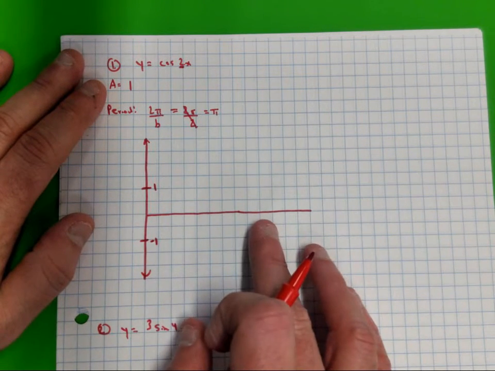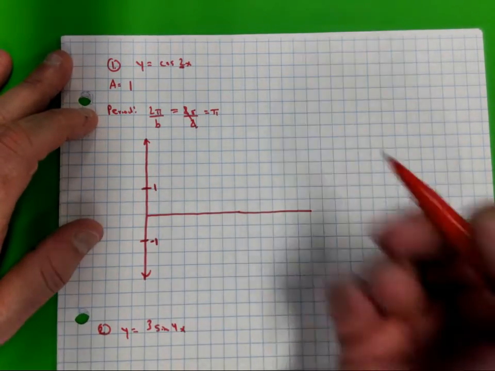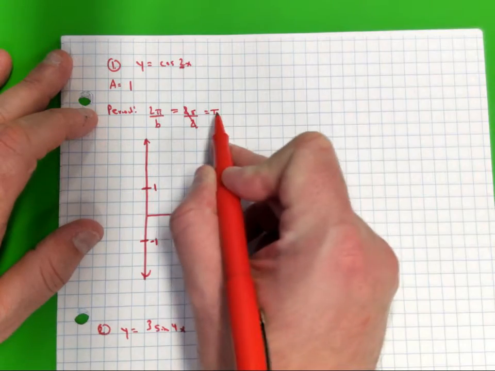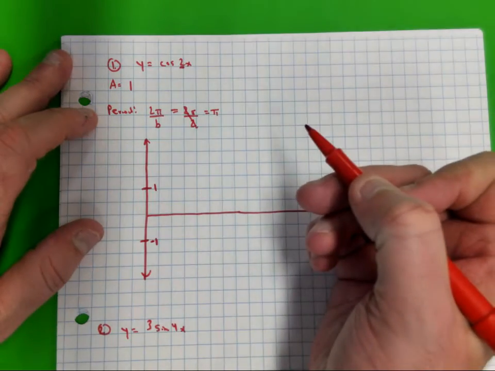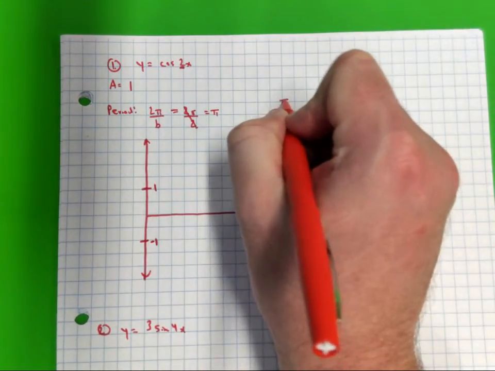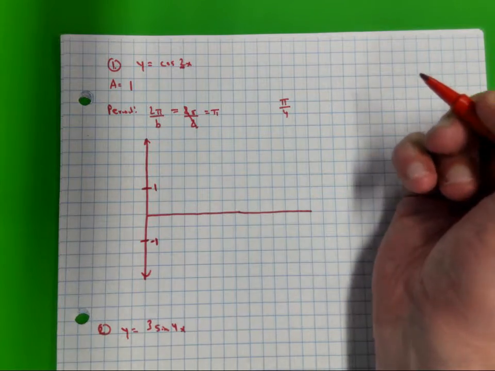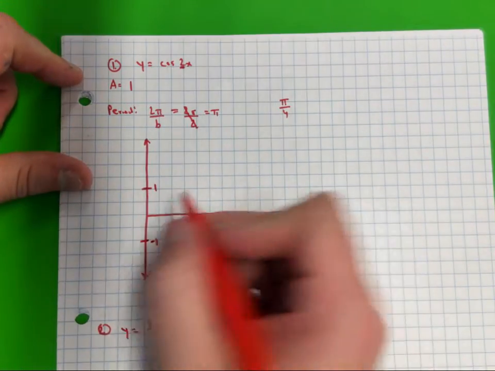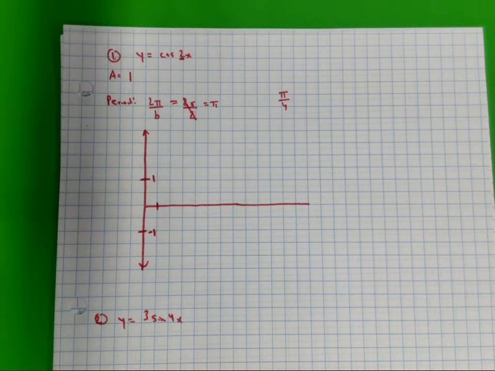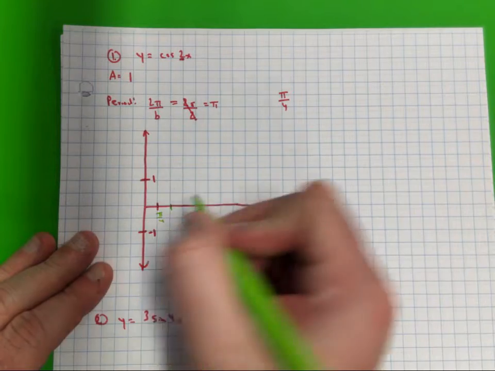A trick I taught my students is you take your period, whatever's your period, and divide it by 4. Well, if I take pi and divide by 4, it's pi over 4, isn't it? Okay, that is what I'm going to start my x-axis with, and increase my x-axis with.